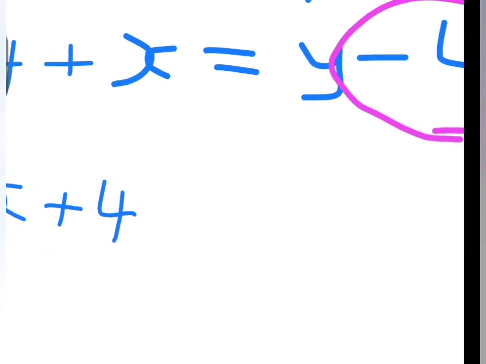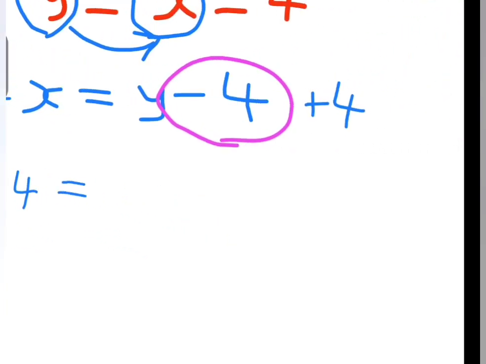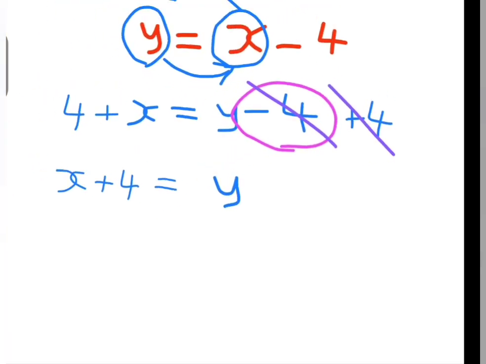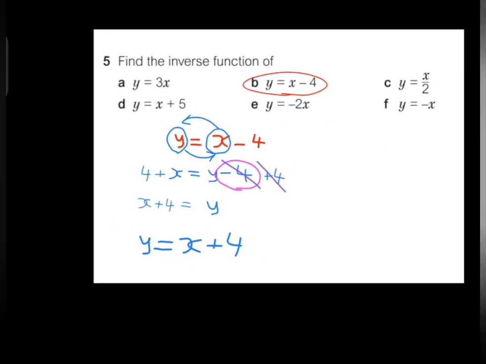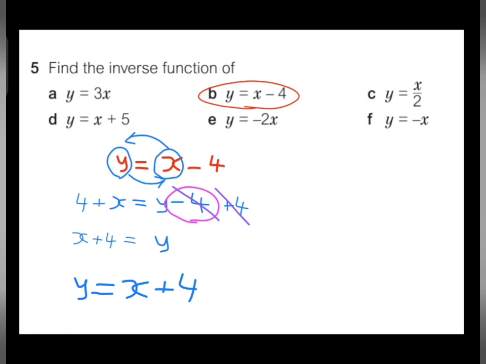It's the same. Equals. Now here, negative 4 plus 4 equals 0. So we left y alone. And this is how you find the inverse function, by finding y alone. So the answer is y equals x plus 4. And this is the inverse function for question B.